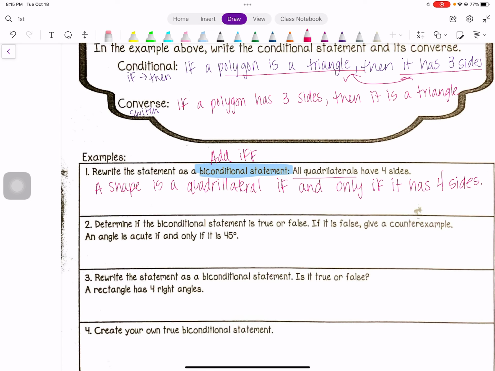Okay, so that's how you write the biconditional: you take the statement that's given and you change it. You add if and only if. So a shape is a quadrilateral. We took this first part, we put it in here, and then we added in if and only if, and then we have it has 4 sides.